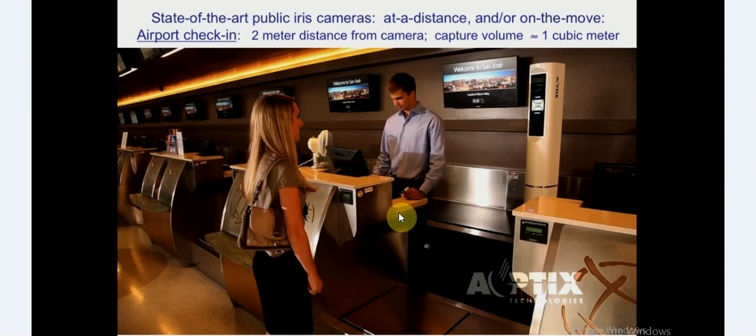Or in another airport, all of the check-in procedure is performed automatically by using iris recognition. As you can see, the iris camera and sensor is far away from the passenger, and it automatically captures the iris pattern of this woman, and all of the check-in procedure is performed automatically.